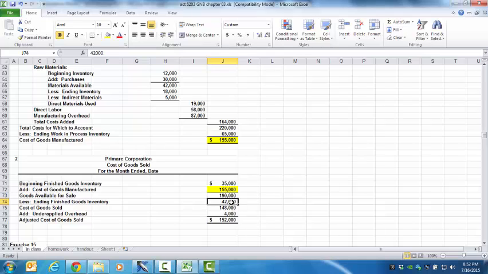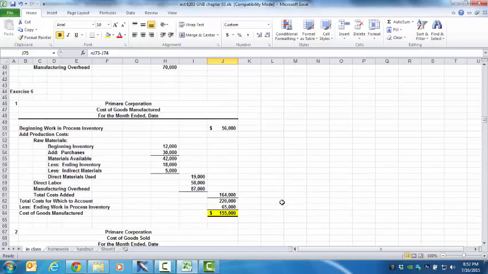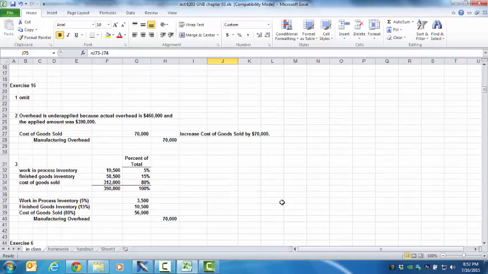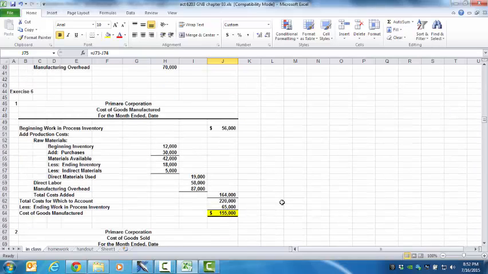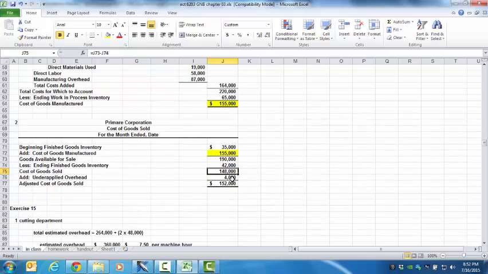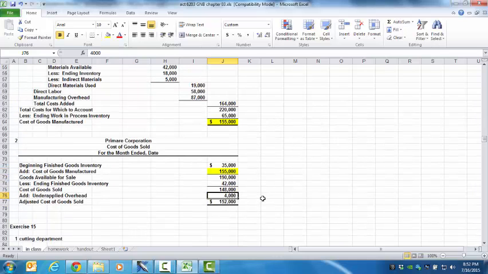When you subtract what's left on hand, it gives you your cost of goods sold, but this problem wanted us to take any over or underapplied variance and just use that first school of thought and adjust cost of goods sold. So in this case, remember, we were underapplied by 4,000. So let's take that and make it greater.